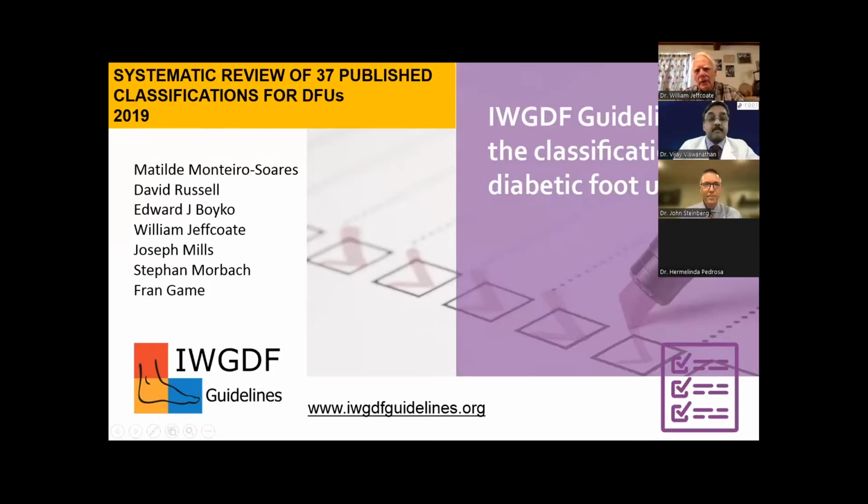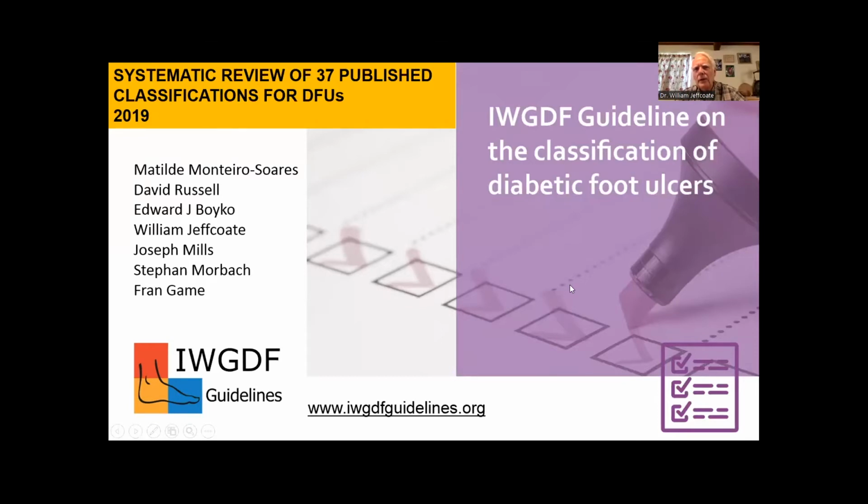So the slide that you see in front of you: if you have a question of how to look at classifications, well, the good thing is that it's all been done for you already, because the International Working Group on the Diabetic Foot has, as you know, every 4 years, a series of working parties who try to work out the evidence for this or that.